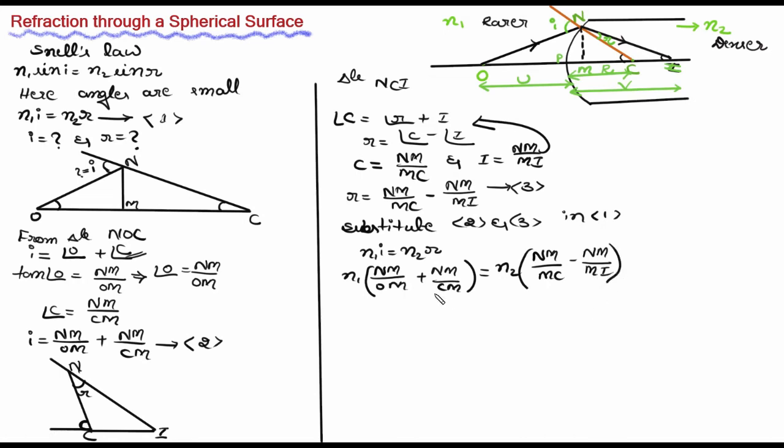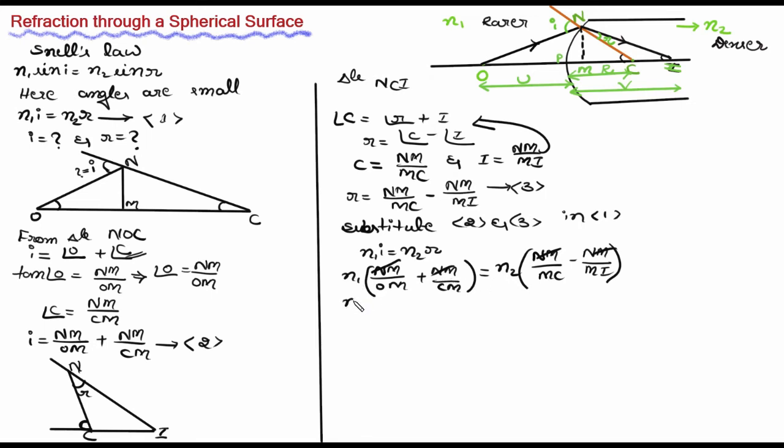Okay. Now, you need to solve this equation. As you can see, NM is on both sides. On the left hand side you have NM, as well as on the right hand side. So let's cancel this NM. Next, multiply N1 with the bracketed terms.